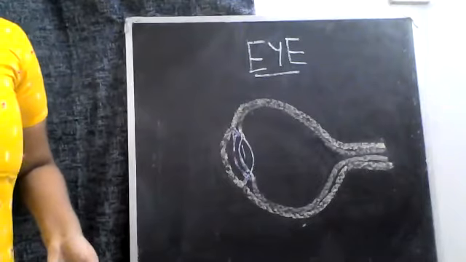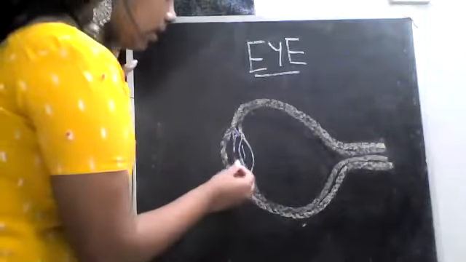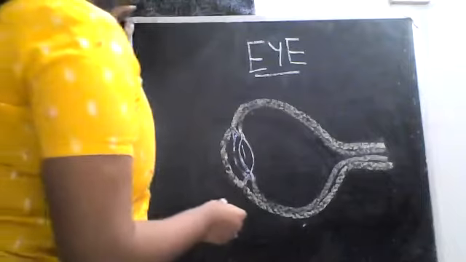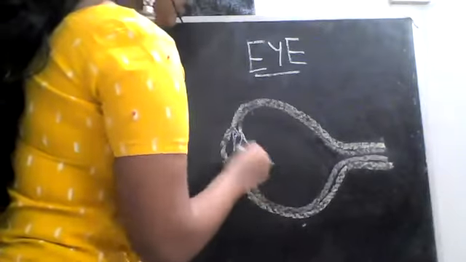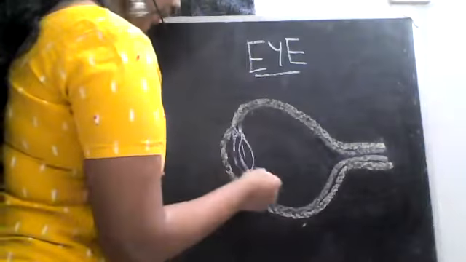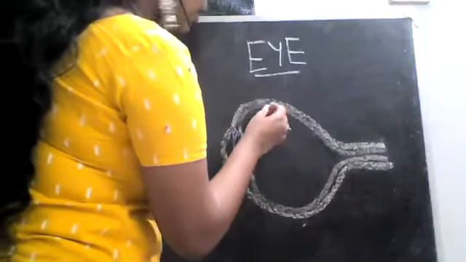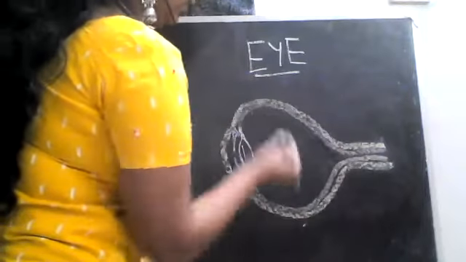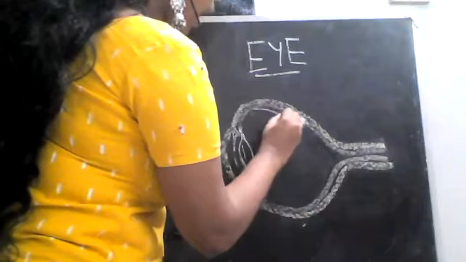So this is the iris, the hole is the pupil. That was one detail. The next one is the retina. The retina layer is not a complete circle, so you can draw it halfway.